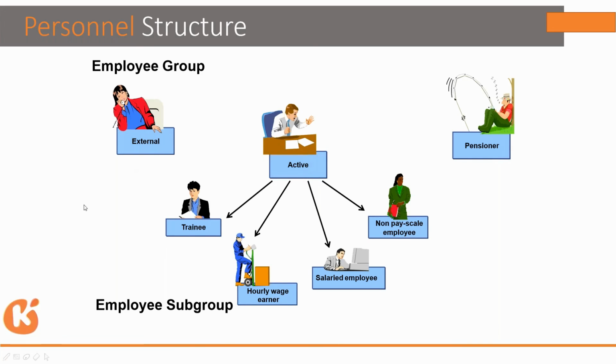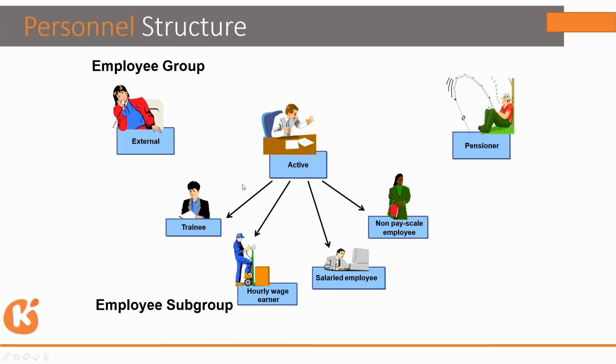External may be your contractual employee. Then active employees include trainee, hourly wage earner, salaried employee, and non-pay scale employee. Then you have pensioners, who are no longer with the company but are getting their pension. So like this, you have your employee group and employee subgroup in the company.